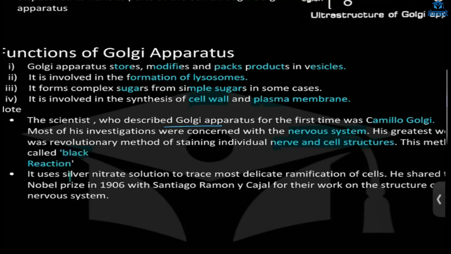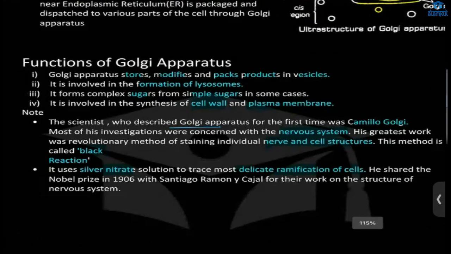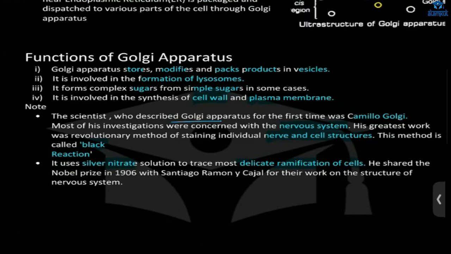It used silver nitrate solution to trace the most delicate ramifications of the cell. Ramification means the complex structure. That's why he got the Nobel Prize in 1906. And this guy, Santiago Ramón y Cajal, he also got it. Together they got the Nobel Prize.